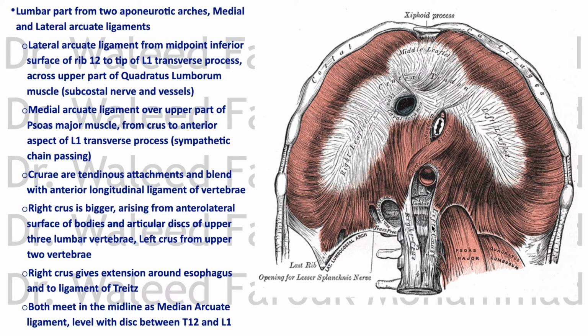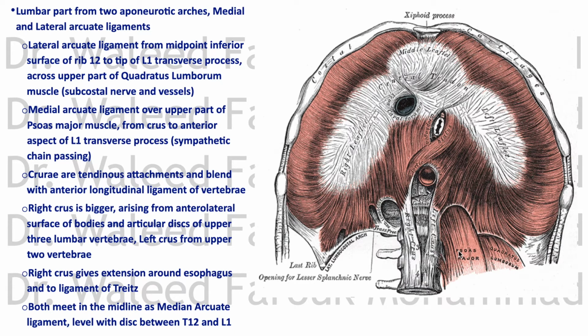These are the cruri of the diaphragm, the right and left cruri. So what passes under the medial arcuate ligament? The sympathetic chains coming from the thoracic cavity to the abdominal cavity pass under this ligament. So remember, the subcostal nerve and vessels under the lateral arcuate ligament, and the sympathetic chain under the medial, with an L, arcuate ligament.